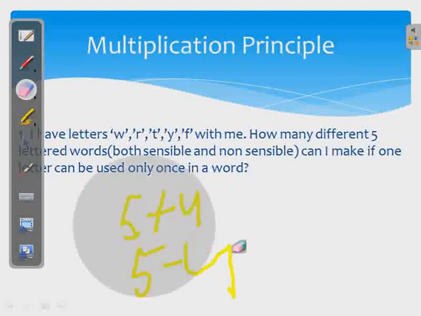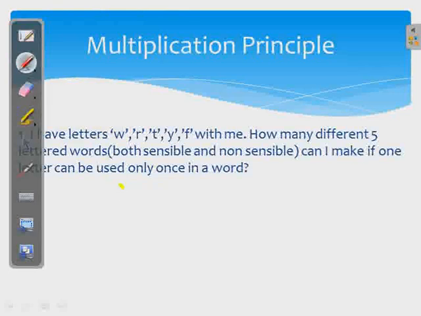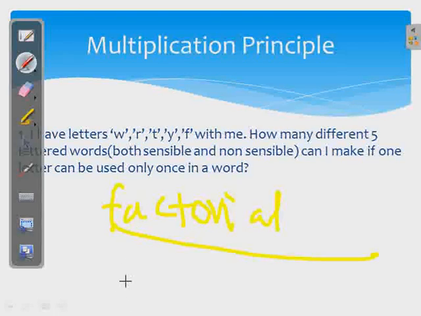So we have a factorial notation, and if we write 5 factorial, the factorial sign is same as exclamation mark. So it is same as that.